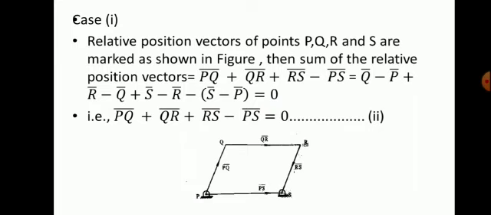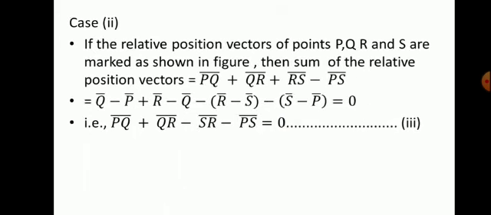So PQ plus QR plus RS minus PS is equal to 0. This is the second equation. See the diagram: PQ, QR, RS and PS. Case second.